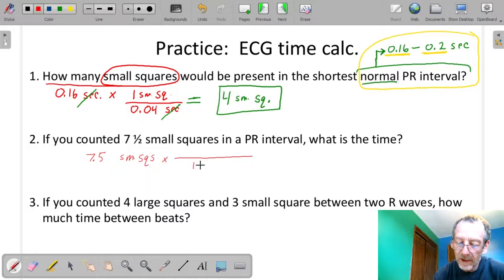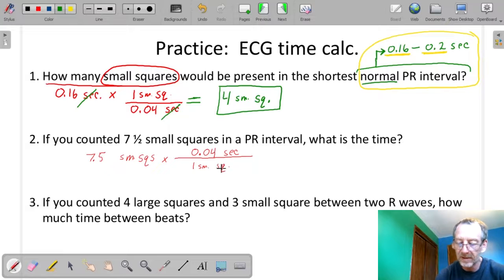So we know that one small square is equal to how much time? 0.04 seconds. You have to include the units. So write down seconds.